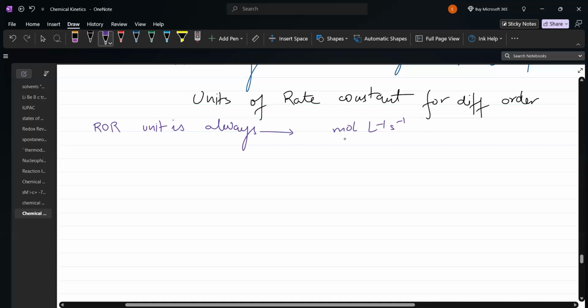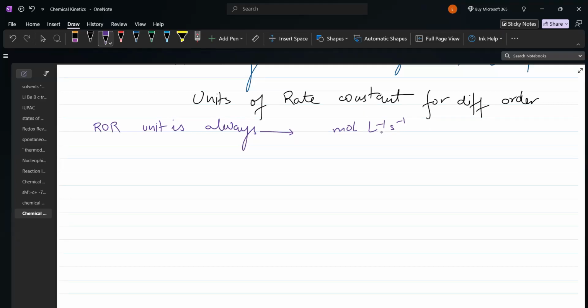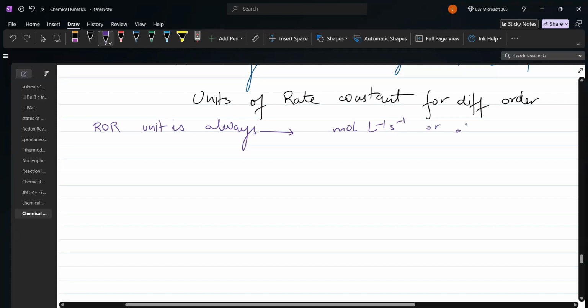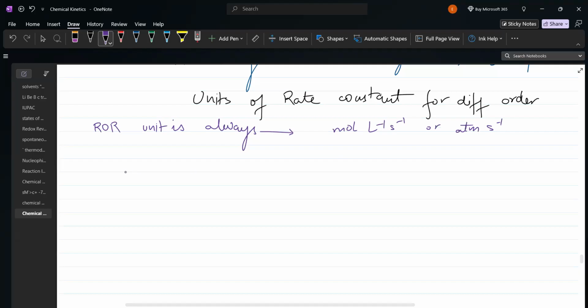Why? Because of the concentration term. Molarity is obviously mole per liter, and per second means rate with respect to time. If it is a gas, then it is atmospheric pressure per second. So this is the rate of reaction unit.